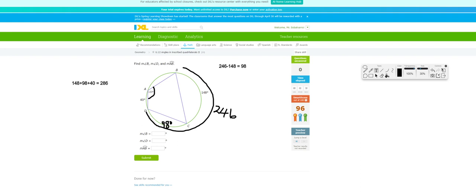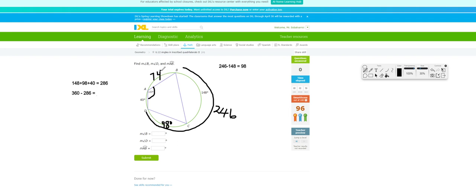Now, because the circle is 360 degrees, I am going to take 360 and subtract 286, and that's going to give you the arc AB. That's 74. So that means arc AB is 74 degrees.